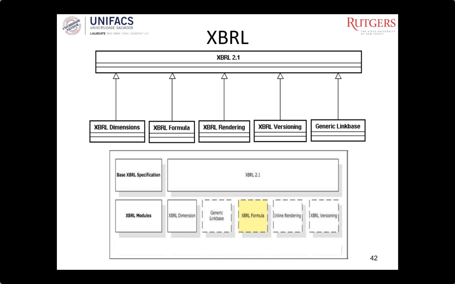There are a lot of modules of XBRL. XBRL is a technology that represents the complexity of the financial and accounting environment, and each module represents one of these complexities.